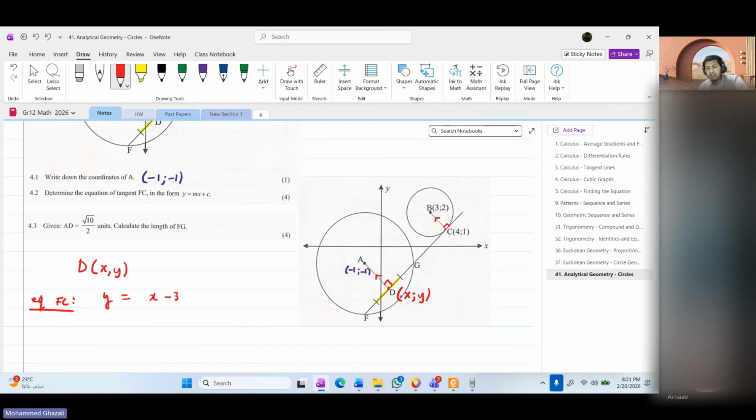If the value of x was 2, for example, then what would the y value be? You would substitute 2 into the FC equation because it lies on this line. Now I'm saying the value of x is x, so what's the value of y? It is x minus 3. So you can rewrite D as (x, x minus 3). Think of D as being x and x minus 3.